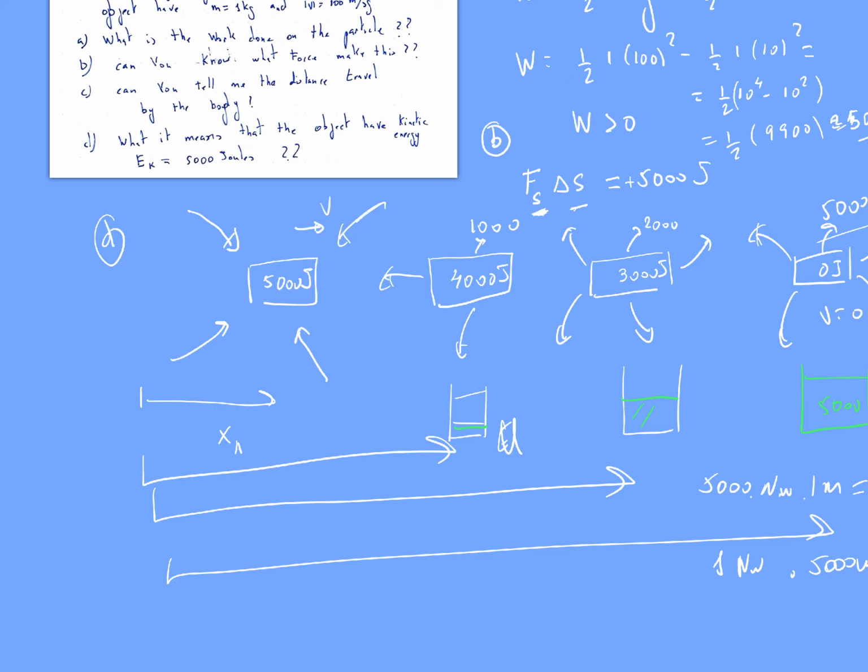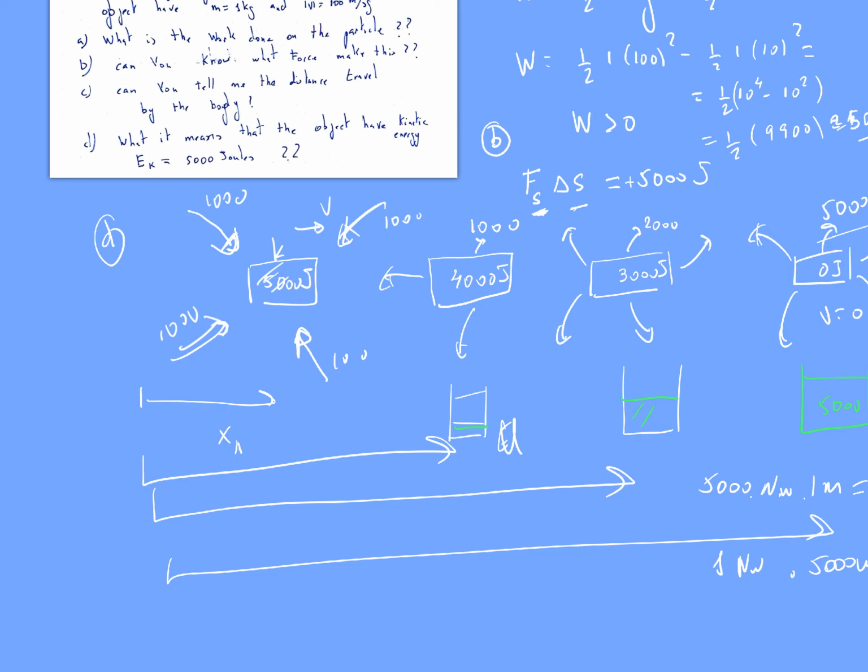So energy has been given to the object, the energy has flowed to it. And how much energy has flowed? 5,000: maybe 1,000, 1,000, 1,000, 1,000 and 1,000. Total 5,000 joules is here. It's kinetic energy.